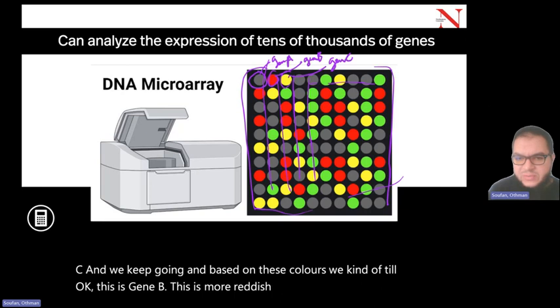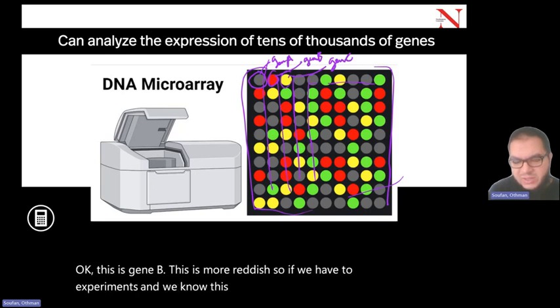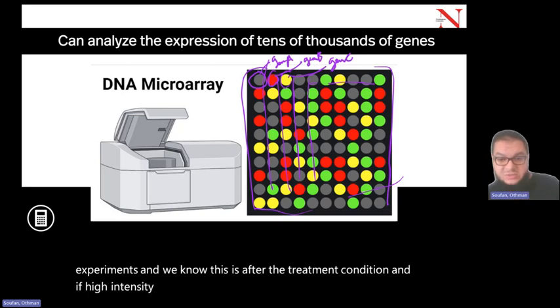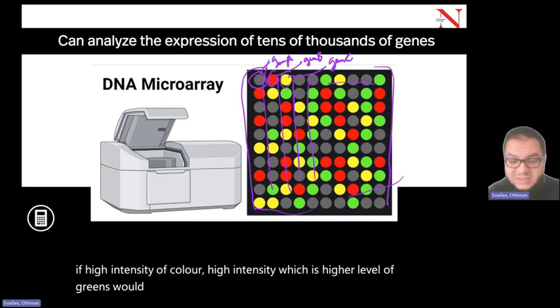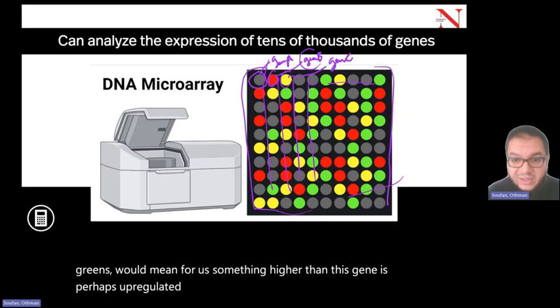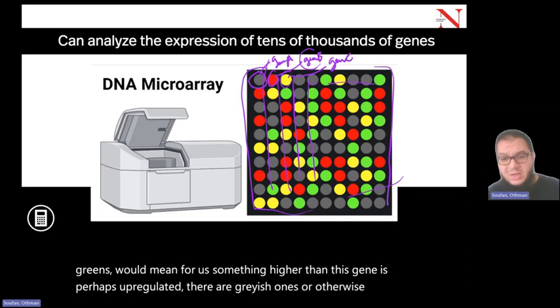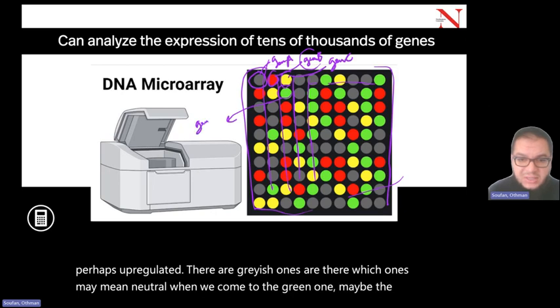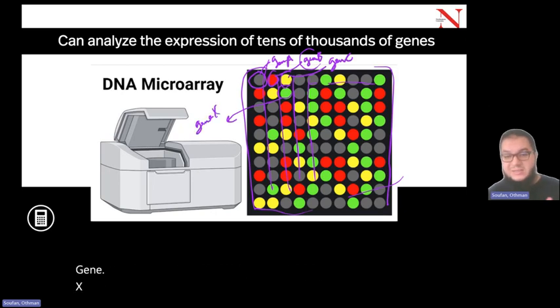If we have two experiments, and we know this is after the treatment condition, a higher intensity of color, a high level of red, would mean that this gene is perhaps upregulated. The grayish or yellowish ones may mean neutral. When we come to the green one, maybe this is gene X, this is downregulated.